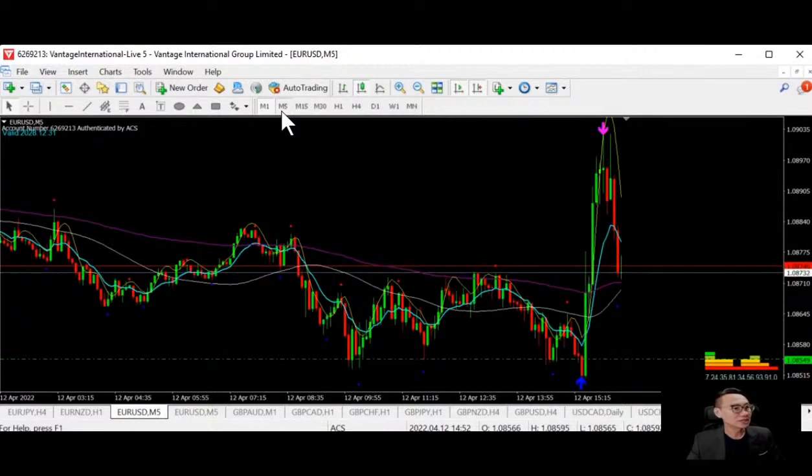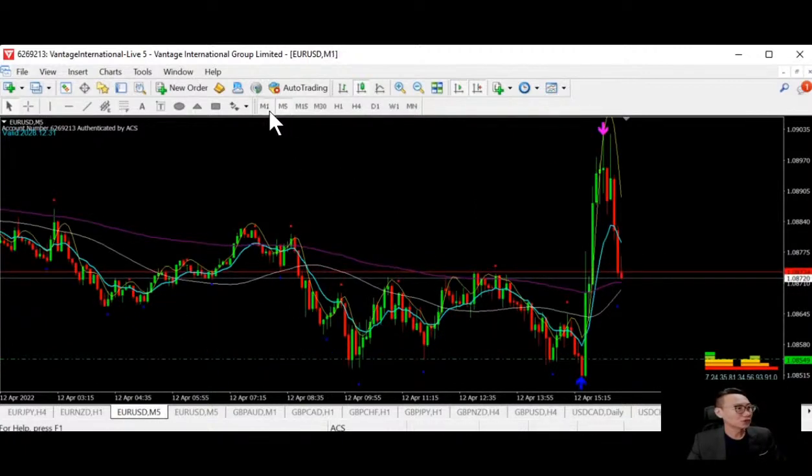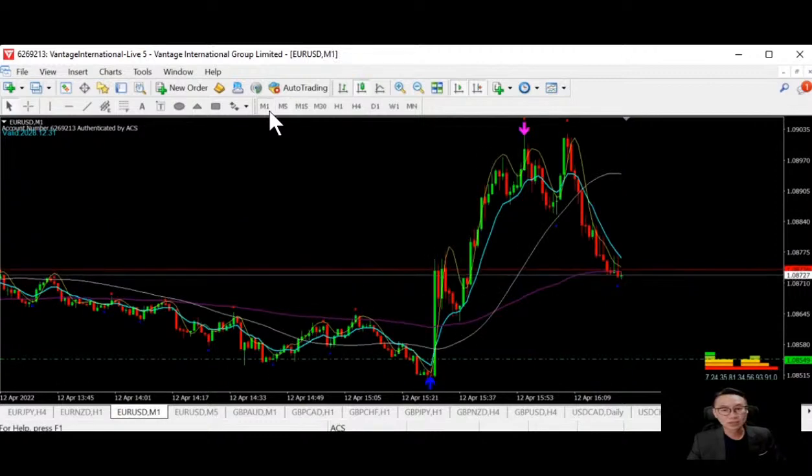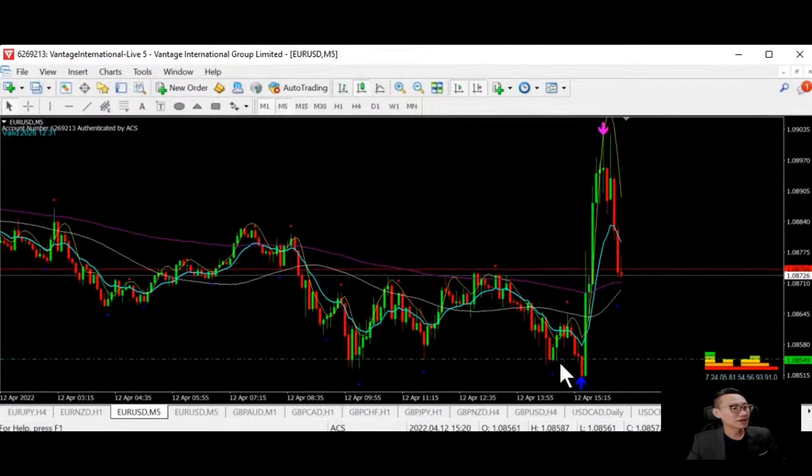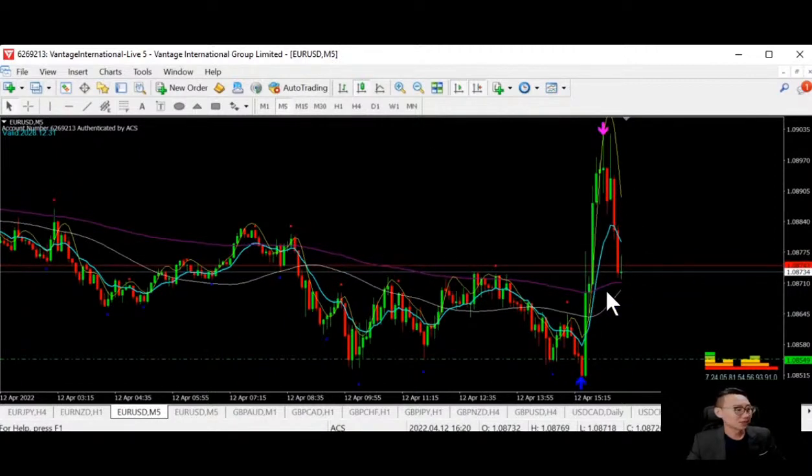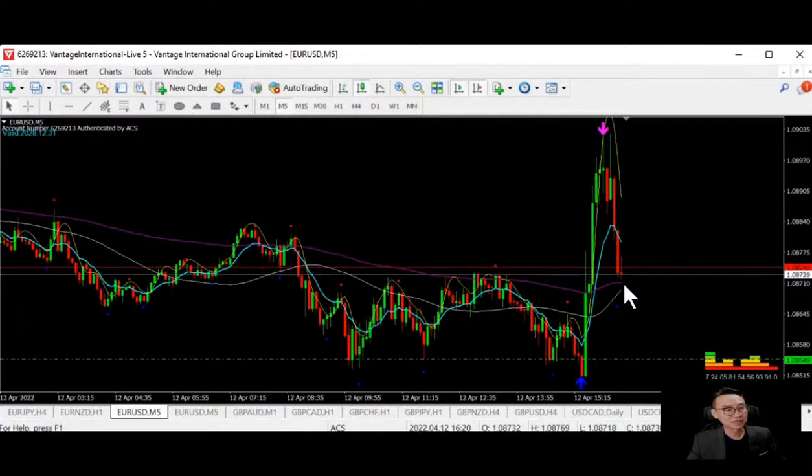In terms of this euro dollar, it looks good. I guess this is a good time when I see M5, the retrace upwards is an A1 over here. Right now it seems like it's being supported by the purple line over here.